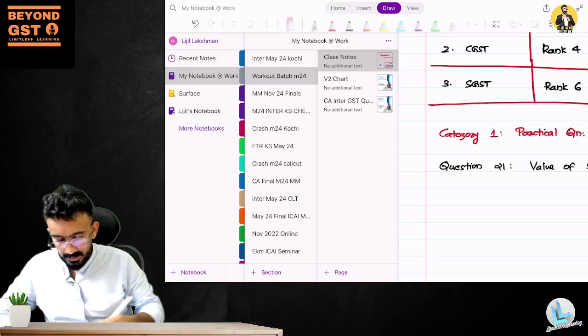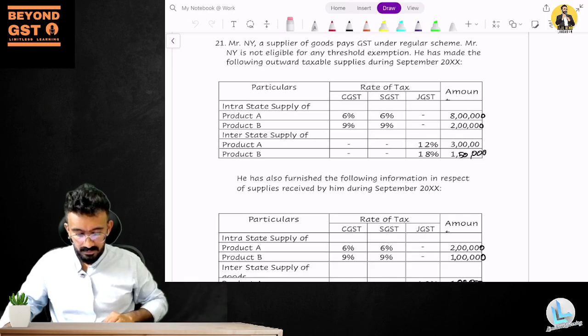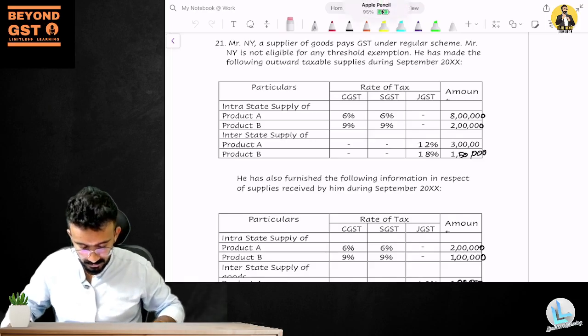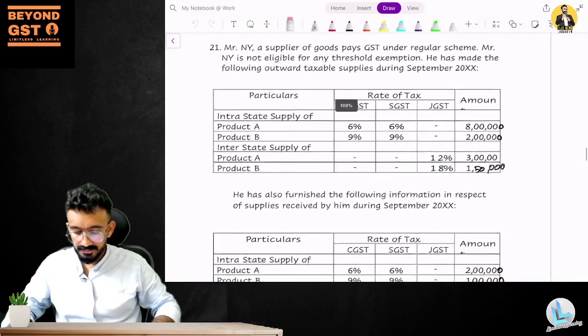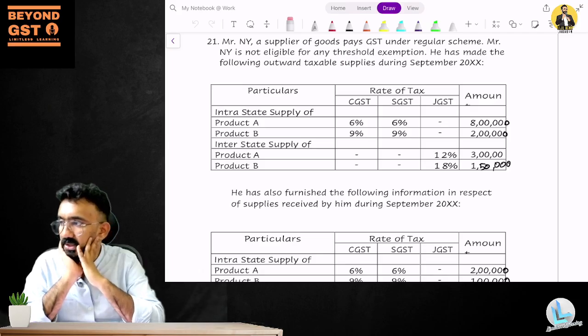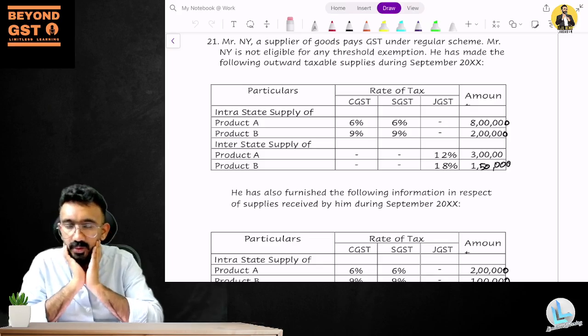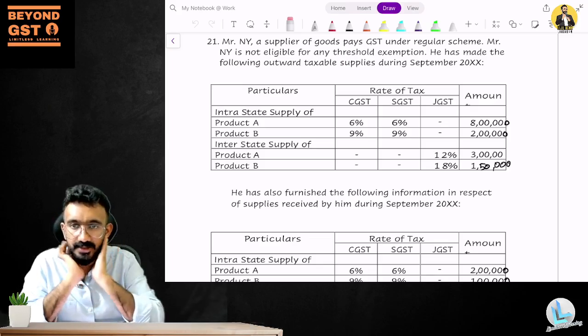Let's go ahead and read the question. I'll read the question for you. Be with me, and then we will start working out together. That's the structure that we're going to follow. We're making the fundamentals correct here.